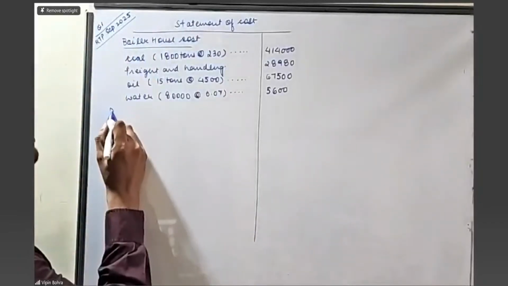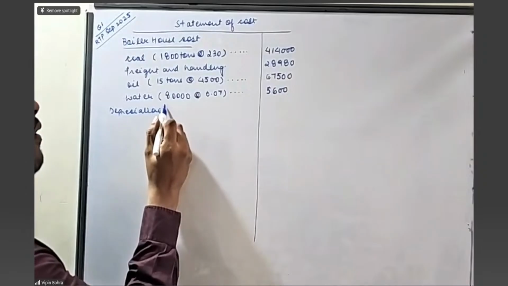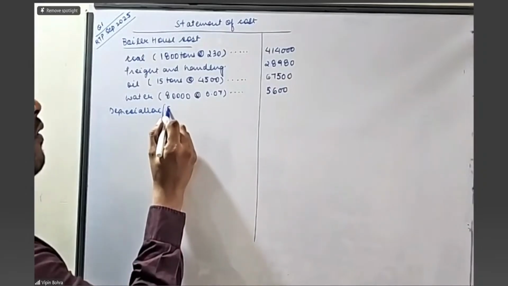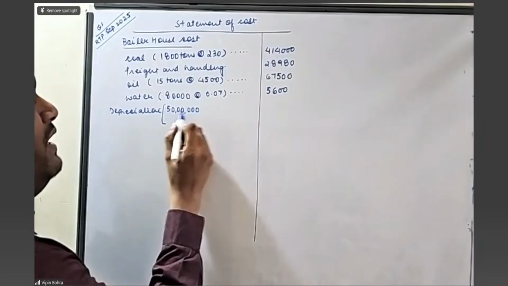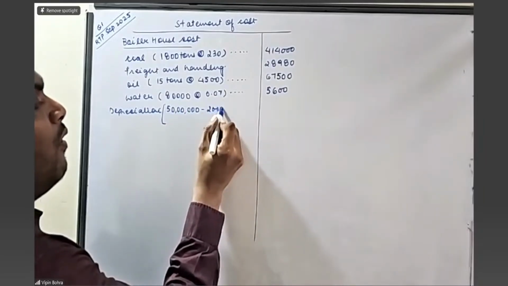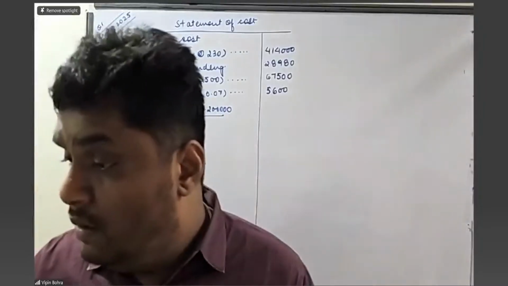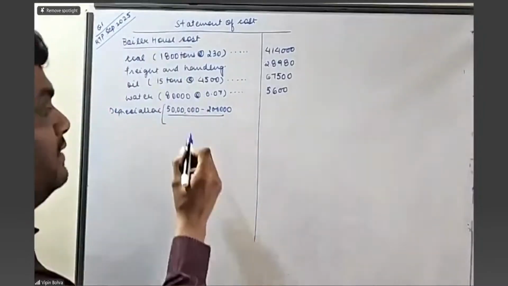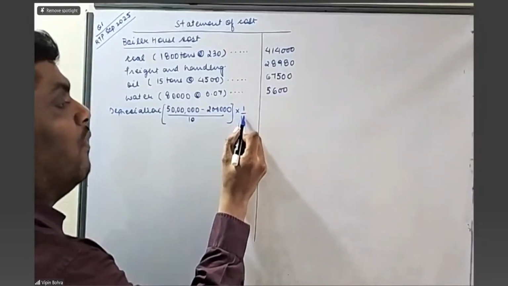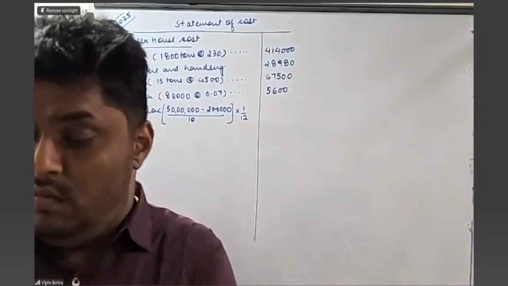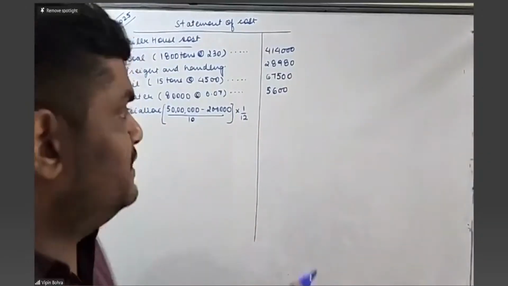So depreciation, fifty lakh minus 2 lakh divided by useful life, 10 years. So it is 40,000.